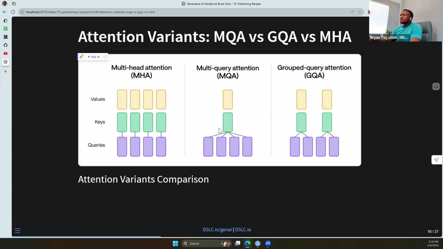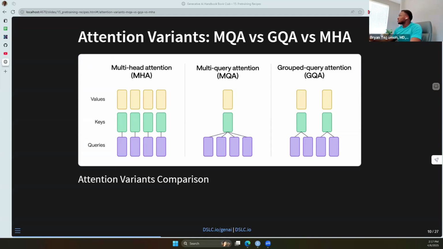In multi-query, you see that all the values and keys have been combined into one, and then we have different queries. Grouped query uses a little bit of both, where you have different keys being combined into one. So that's how this impacts the expressiveness of the model.